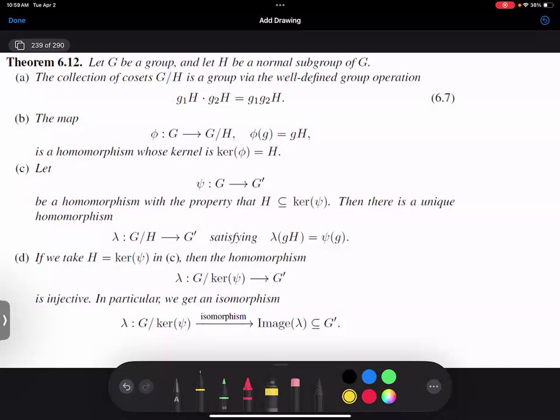So G mod H is a group as H is normal. What is the identity? So what would be the identity? So it's going to be some coset. Which coset is going to be the identity coset?